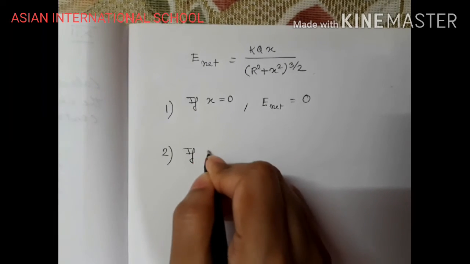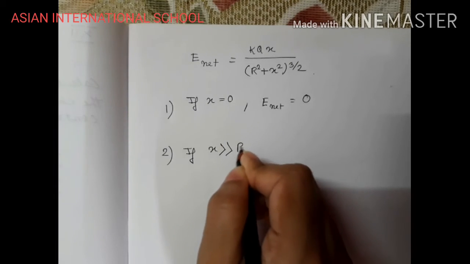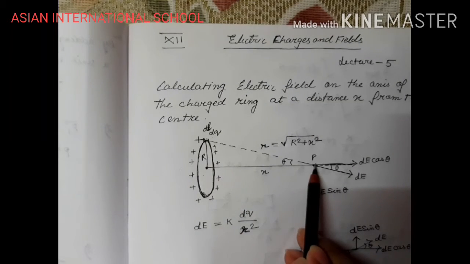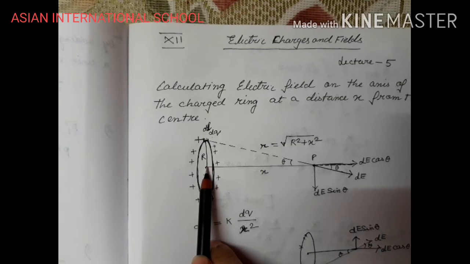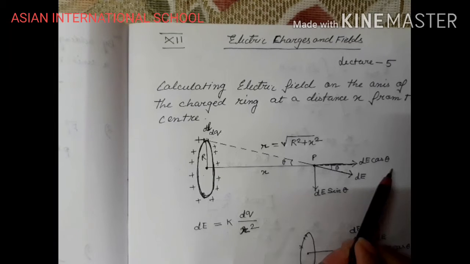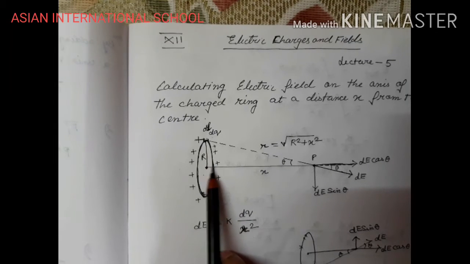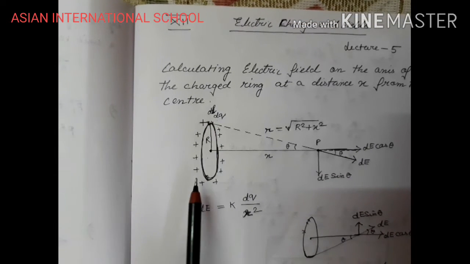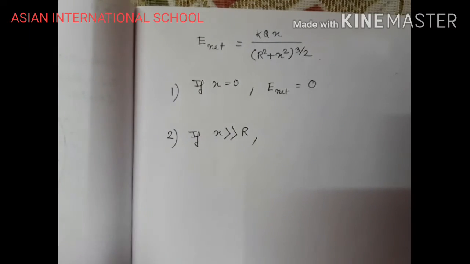Number 2: if x is much greater than r, that means this is the radius and this is your x, and you are observing the ring from a very far distance, much larger than the radius of the ring. If you observe anything from very far, do you expect the ring to look like a ring? No. The ring will appear as a point charge to you. So let us find the electric field.